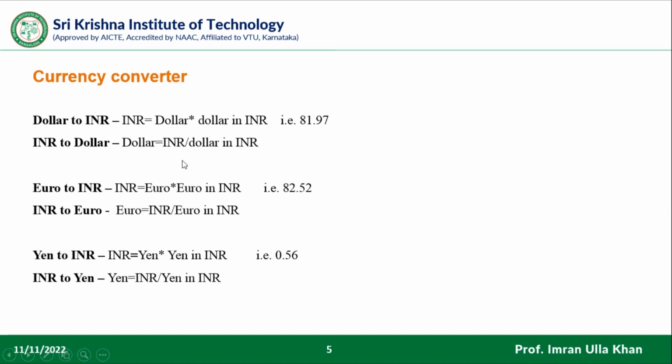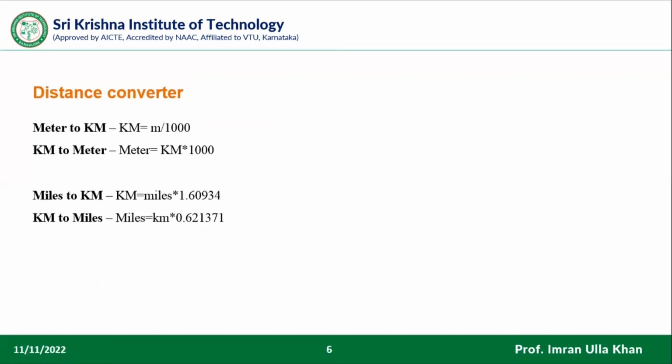And if you want to convert Indian rupees into dollars, you have to divide by the value of a dollar in Indian rupees, then it will get converted to dollars. These are the simple formulas. Please go through this, and if you know these formulas, we can easily write the code. Like that, I have listed the formulas for the distance converter as well: kilometer to meter and meter to kilometer.